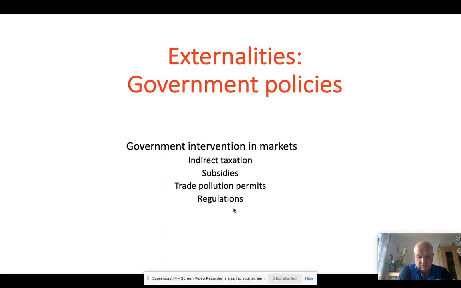We'll also consider tradable pollution permits, which are quite an interesting concept, and also we'll look at market regulation too, and regulations to try to encourage producers, and in some cases consumers, to manage their consumption and production choices slightly differently.